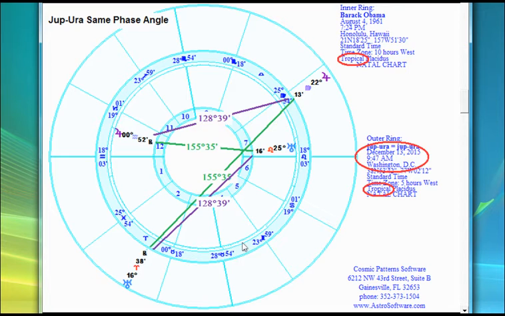So whenever you get that phase angle return, always what happens is the transiting same planets will have the same angle. Transiting Jupiter to natal Jupiter and transiting Uranus to natal Uranus will have the same angle. So you get a double resonance.